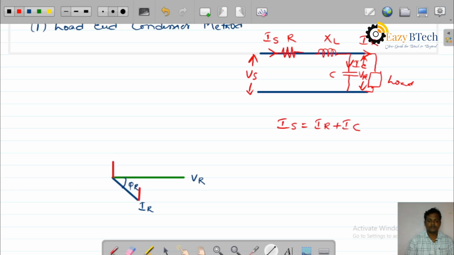In the vector diagram, the vector sum of these two, IR plus IC, gives Is. The current flowing through the resistance R is Is. Therefore, the Is into R drop is in phase with the Is vector.